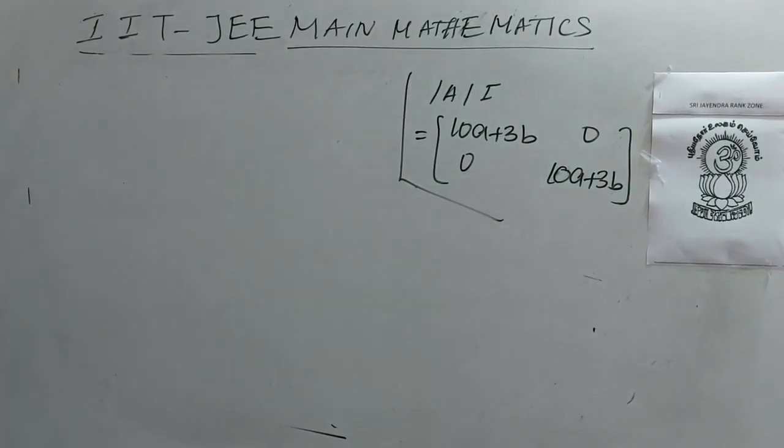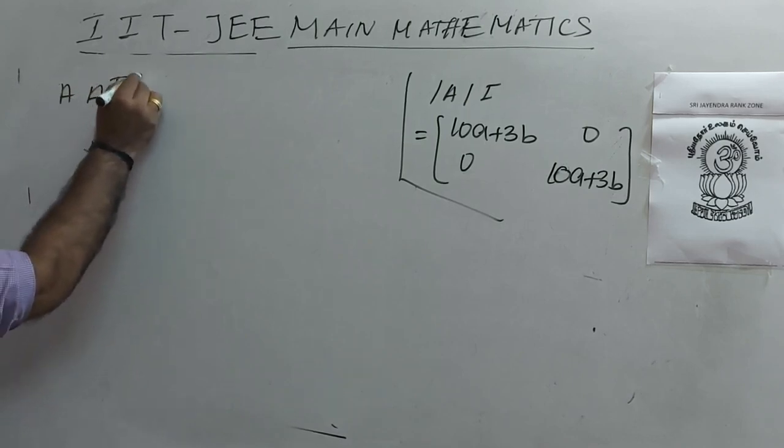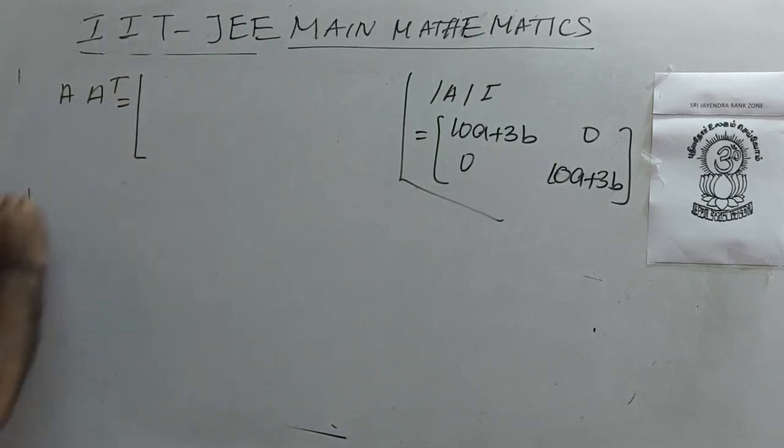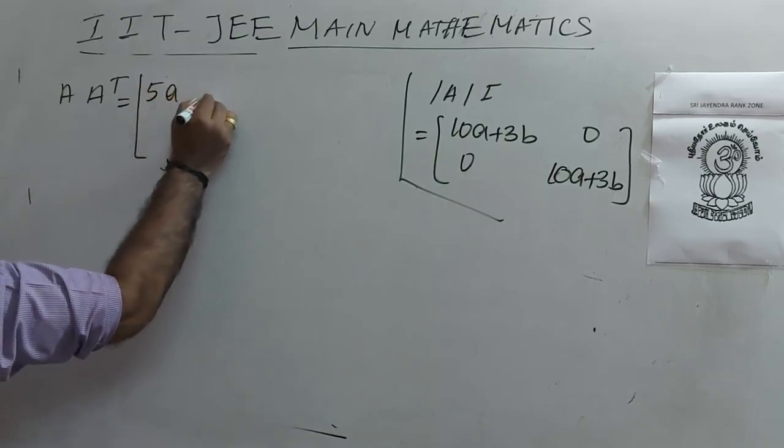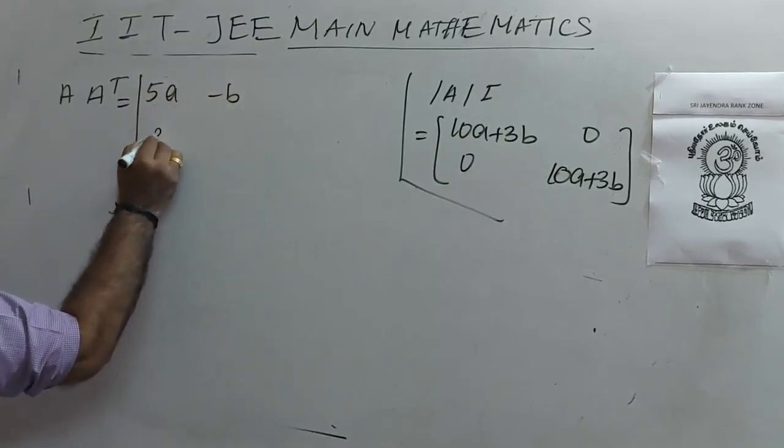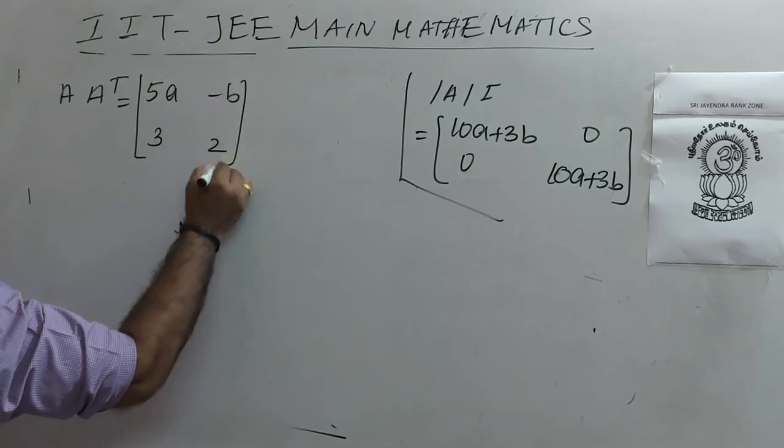Next you find A into A transpose. A is 5a, minus b, 3, 2.